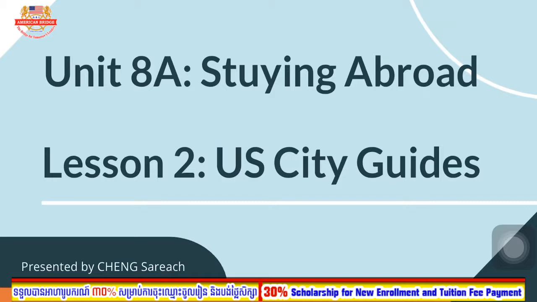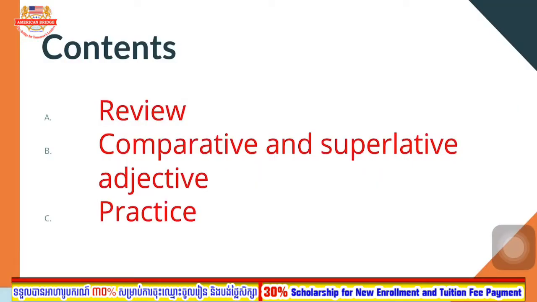Now let's see the contents that we are going to cover. You will know about the activities that we are going to do in this video. Part A, review. The teacher would like to review some vocabulary that we have learned so far in this lesson. Part B is about comparative and superlative adjectives. Students, we have learned about comparative and superlative adjectives already, right?